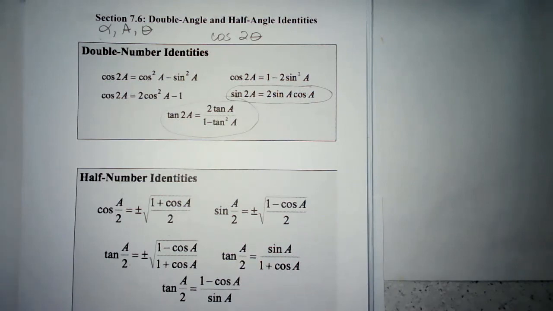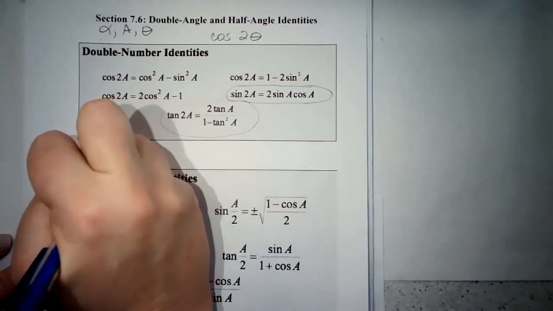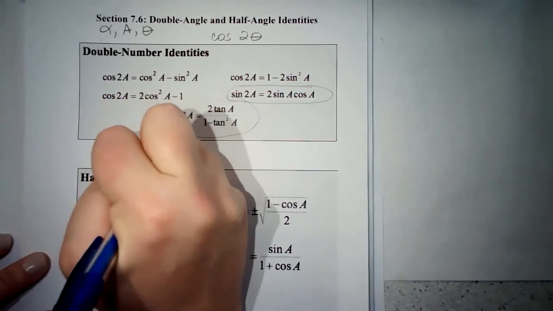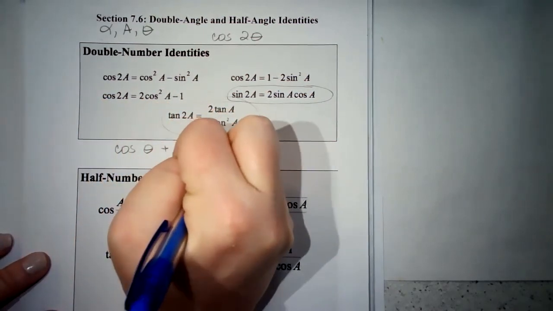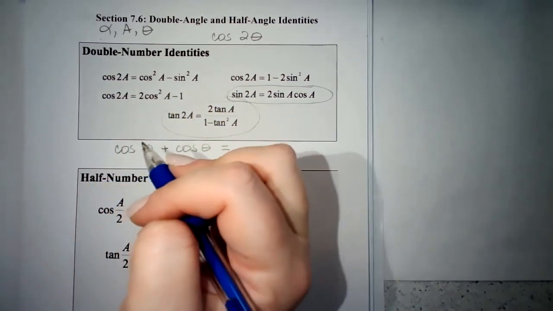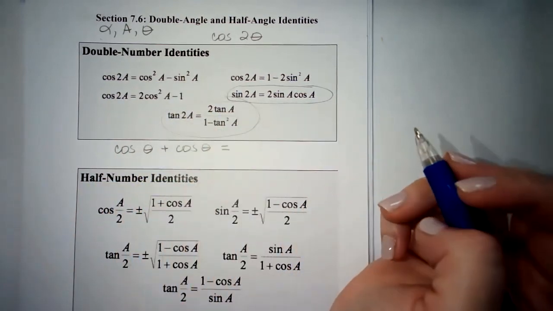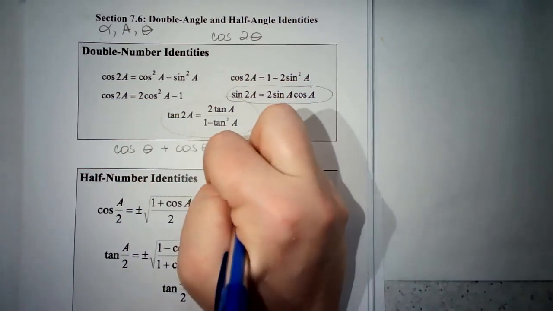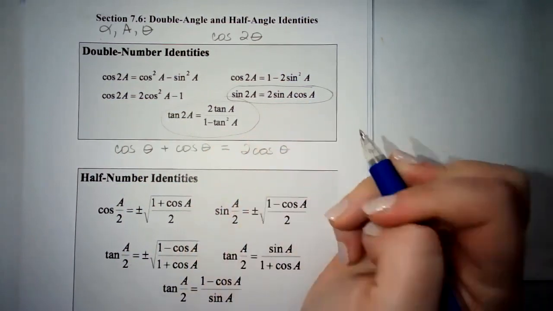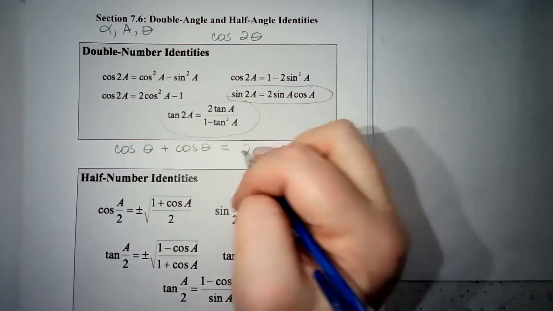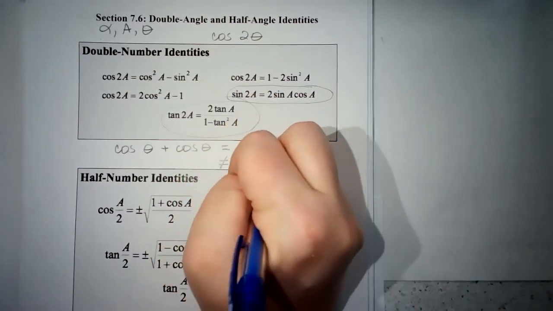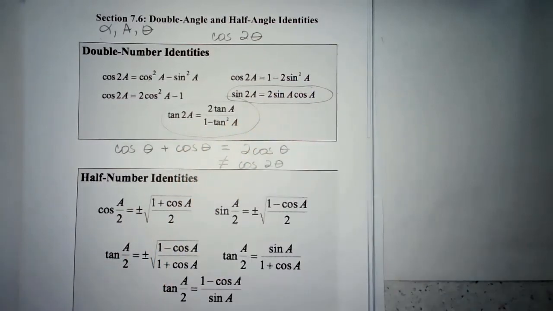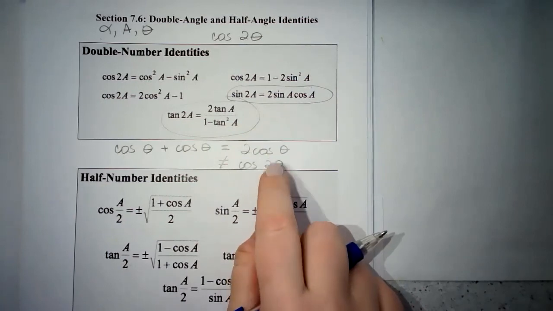All right, let's talk about what a double angle means. Well, what is cosine theta plus cosine theta? And you're not going to tell me it's cosine 2 theta. What is cosine theta plus cosine theta? 2 cosine theta, right? It's not equal to this, okay? This is just on the angle.